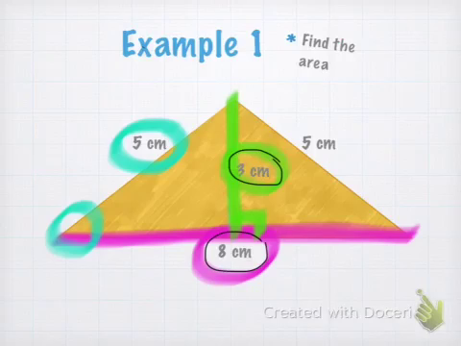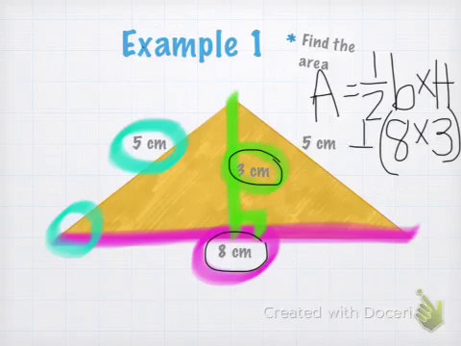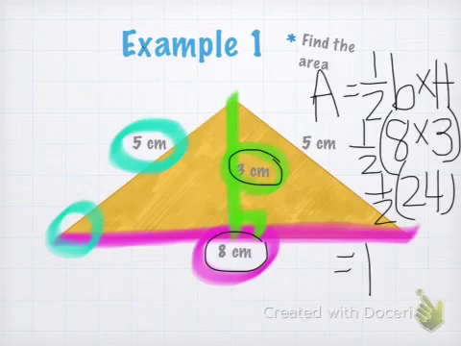So now we can simply pull up our formula, which is area equals 1/2 your base times your height. So let's plug in our base of 8 and multiply that times our height of 3. So 8 times 3 is 24, bringing down my 1/2. 1/2 of 24 is 12.